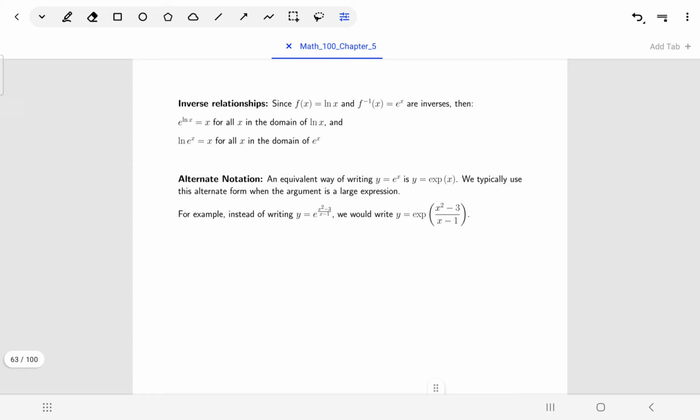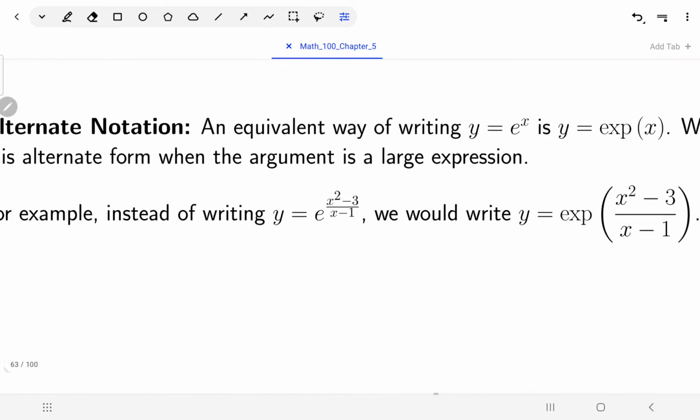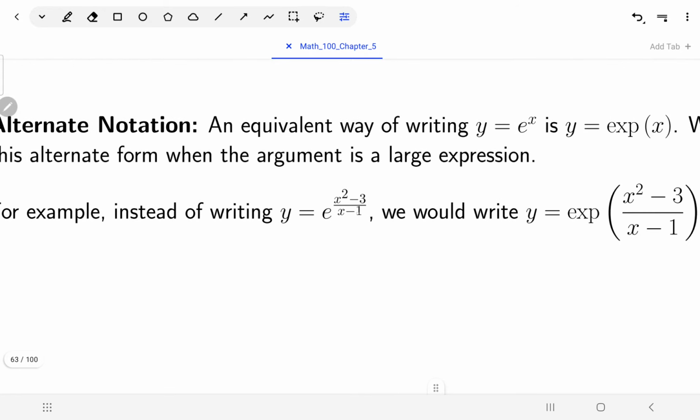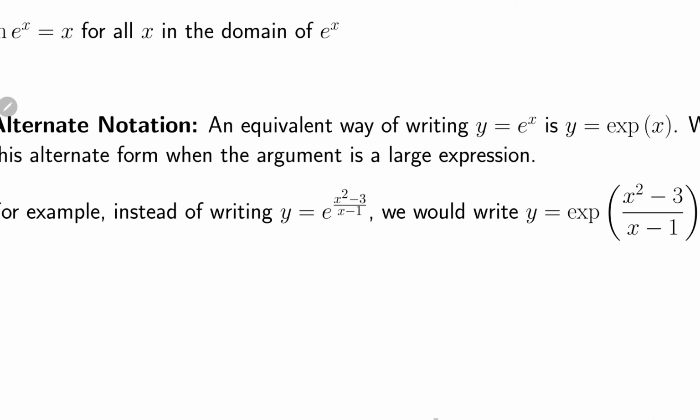There is another little notation, though, that's important to know, and this is one that you'll frequently see for typing purposes. That's because, when you're writing an e to a power, if the power is really big, as it currently is here, this e to the x squared minus 3 over x minus 1, it can be a little bit ambiguous for that fraction. Is the x minus 1 on the same line as the e? Is it part of this fraction? It could be a little bit confusing.